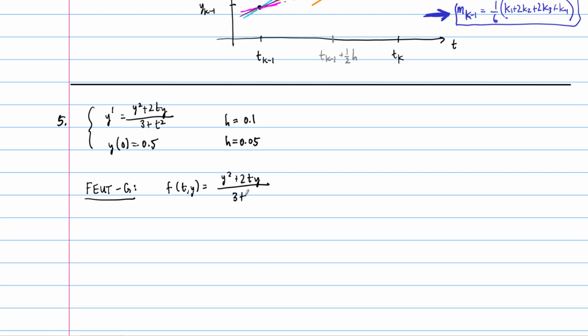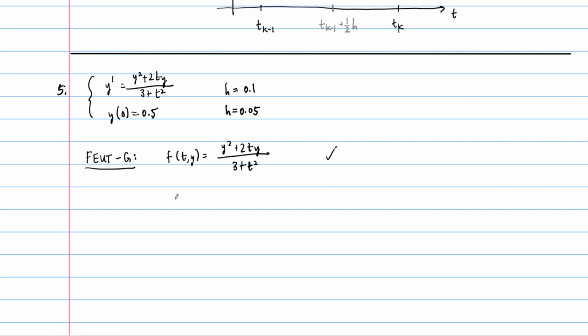It's nonlinear, but it's a rational function, and the only thing that could go wrong is the denominator. So we need to make sure that t is not equal to plus or minus root 3. Actually, no, 3 plus t squared is always positive, so there's no way for that to be 0. I was going to say 3i, but yeah, this is good. So the function itself is fine.